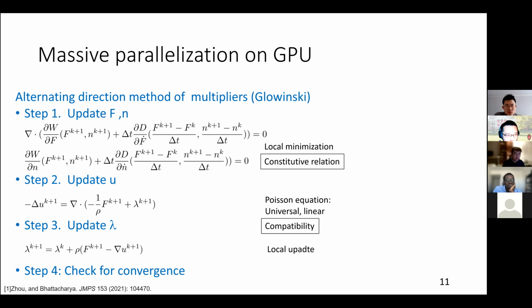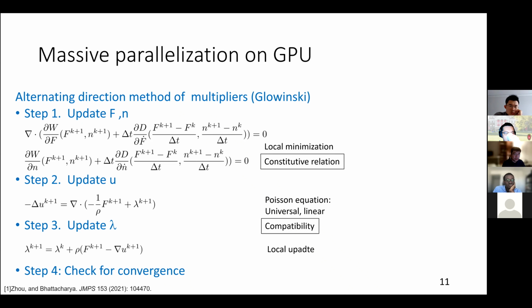And then we will minimize with respect to the displacement. That leads to a Poisson equation, for which we also have a lot of fast solvers. Here we are solving it using a fast Fourier transform based algorithm. And at the end, we update the Lagrange multiplier and check for convergence.